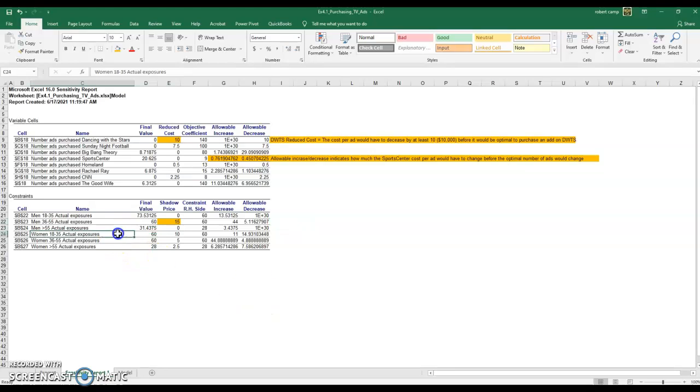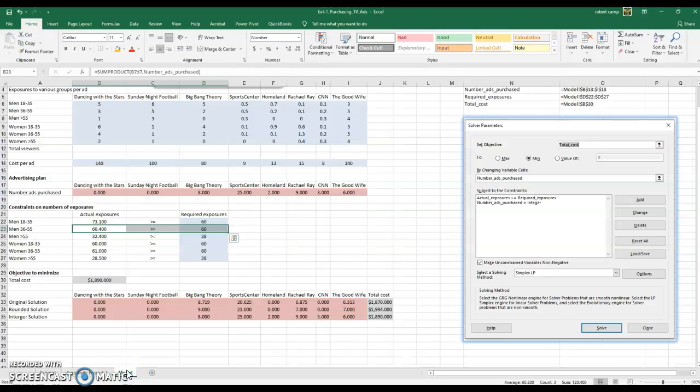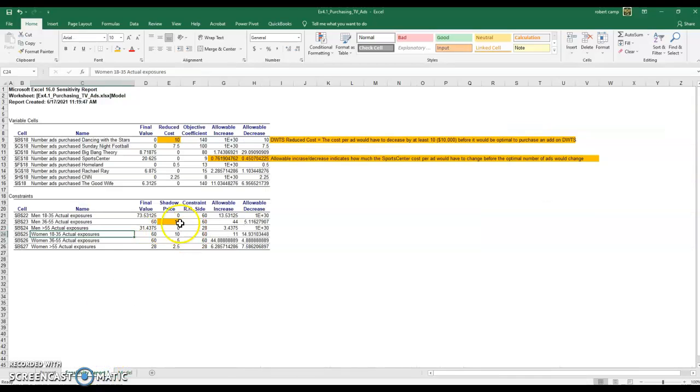And I bring that up because if you notice the shadow prices where we have women 60, 60, and 28, if we go back, 60, 60, 28. You'll notice we only have a shadow price on these values where we hit the constraint. And actually, the constraint right hand side is here. So where we have a binding constraint. Where we have non-binding constraints, the shadow price doesn't really mean anything because we're not being limited by our constraint.